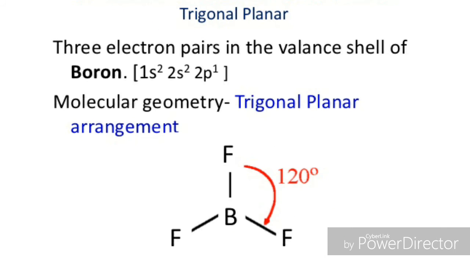Students, let us see the fifth example, boron trifluoride. The shape of the molecule is trigonal planar and the bond angle is 120 degrees. Students, you have to remember the shapes and bond angles of all these 5 molecules: water, ammonia, methane, beryllium chloride and boron trifluoride.